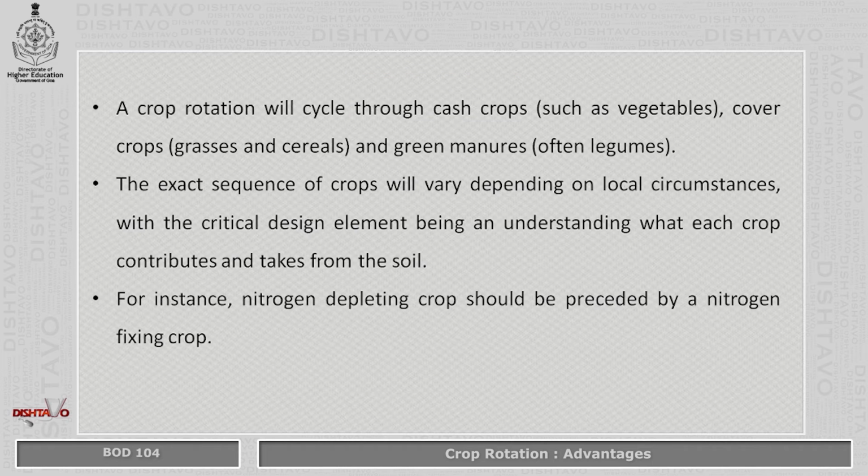A crop rotation will cycle through cash crops such as vegetables, cover crops such as grasses and cereals, and green manures which are mostly the legumes. The exact sequence of crops will vary depending on local circumstances, with the critical design element being an understanding of what each crop contributes and takes from the soil.